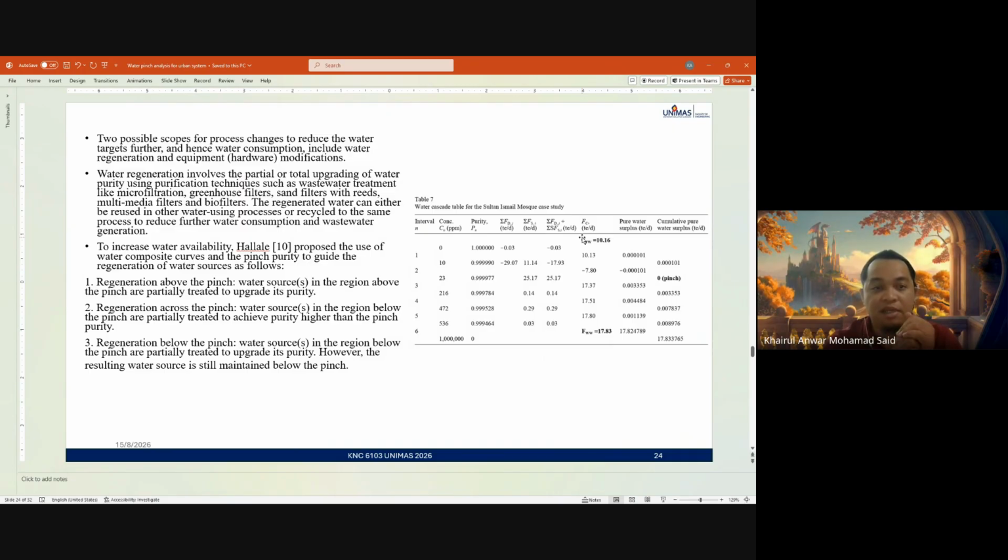There are many purification techniques: microfiltration, greenhouse filter, sand filter, multimedia filter, biofilter. The regenerated water can either be reused in other water-using processes, recycled to the same process to further reduce water consumption, or used for wastewater regeneration.